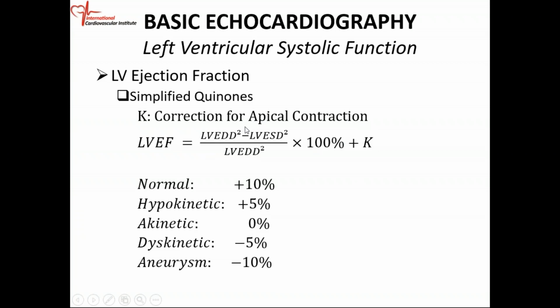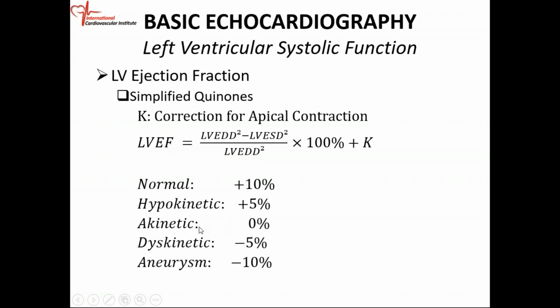So when he squared everything and multiplied by 100, he had a factor called K, and K is the correction for the apical contraction, because the apex may not be contracting or the apex may be contracting. All right, so if the apex is normal, then K is 10%. If the apex is hypokinetic, then K is 5%.